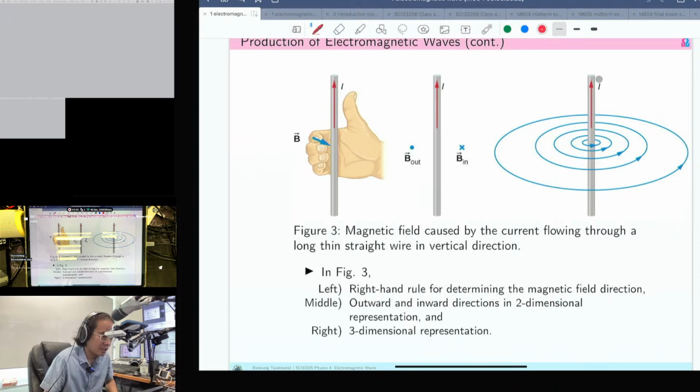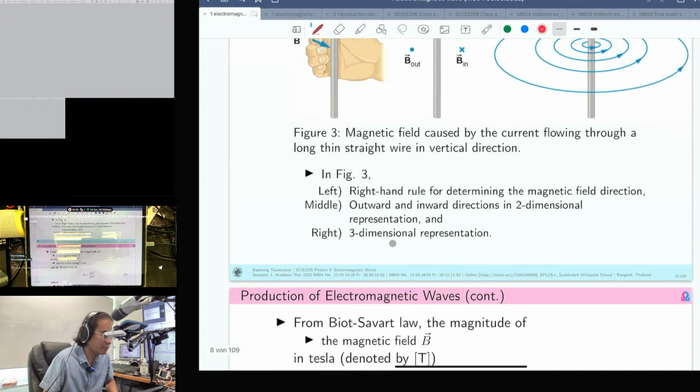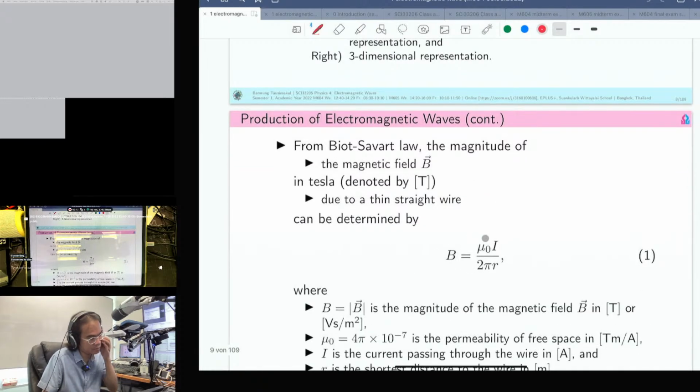So the stronger the current, the greater the amount of the current, the stronger the magnetic field you could observe from this experiment. So it means that the magnetic field is proportional to the current.